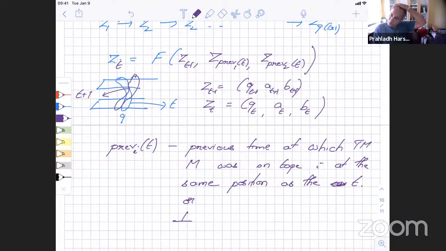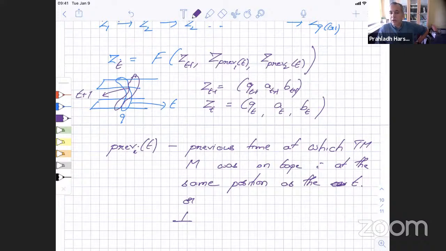So AT and BT will be flipped, and all you need is the cells on the left and right of AT minus 1 and BT minus 1. So you'll need AT minus 1, BT minus 1, and the ones on the left and right.